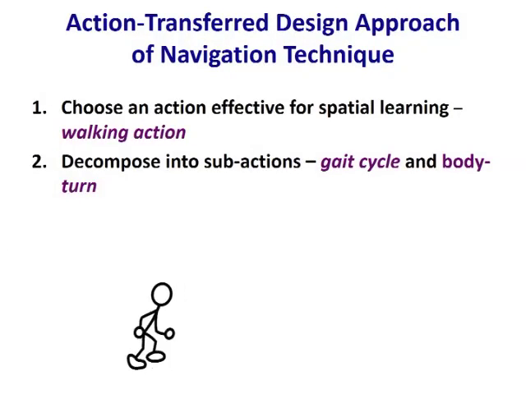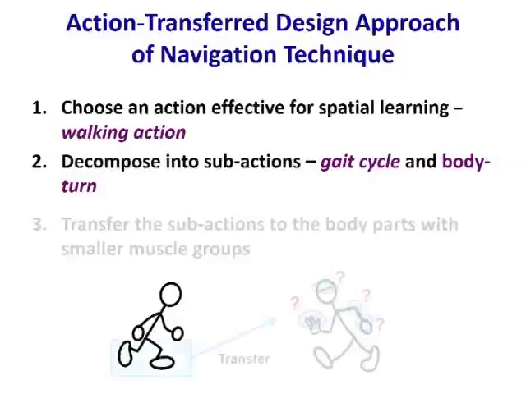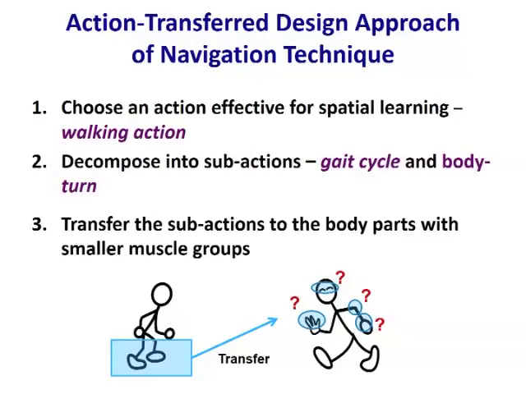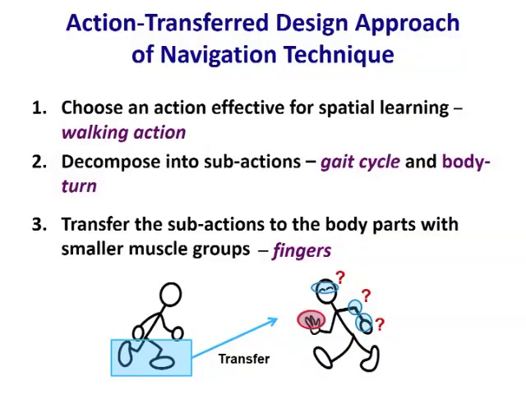In our case, the sub-actions are gait cycle for moving forward, backward, and sideways, and body turn for changing orientation. Thirdly, you transfer the sub-actions to different body parts with smaller muscle groups so that you can avoid increased body fatigue. We chose fingers, and fingers are also known to support fine control.